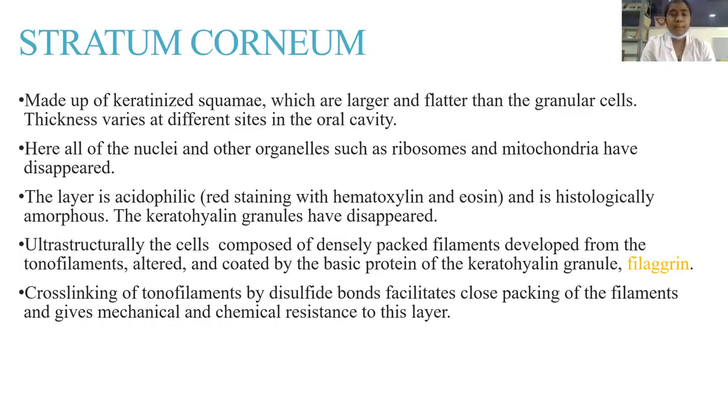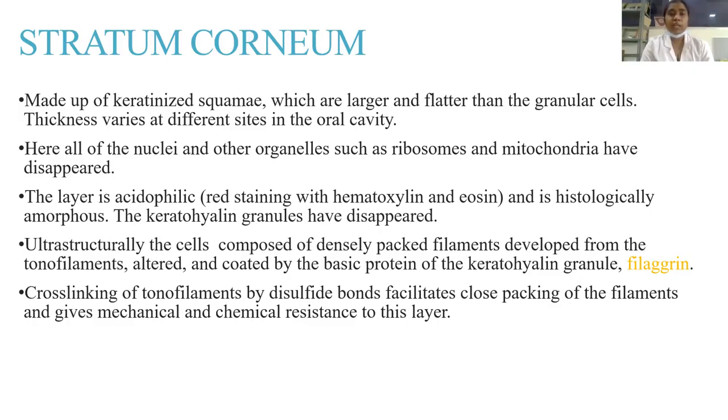Stratum corneum is made up of keratinized squamae, which are larger and flatter than the granular cells, as we all know. Here, all of the nuclei and other organelles such as ribosomes and mitochondria have disappeared. The layer is acidophilic, staining richly with hematoxylin and eosin, and it is histologically amorphous.